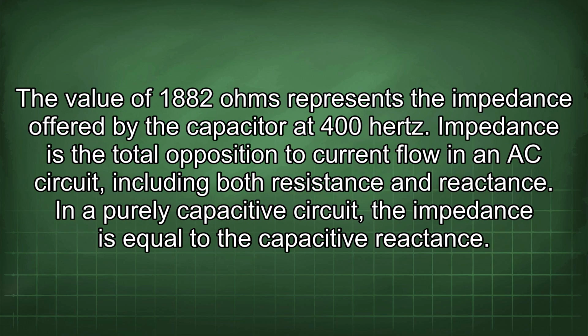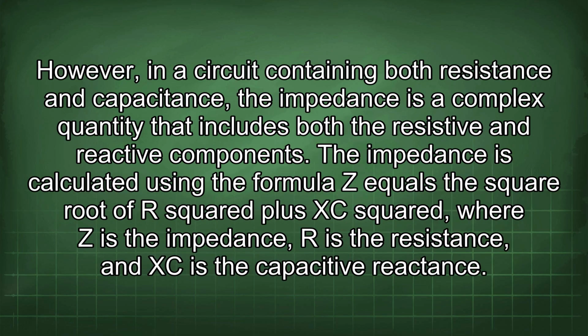The value of 1882 ohms represents the impedance offered by the capacitor at 400 Hz. Impedance is the total opposition to current flow in an AC circuit, including both resistance and reactance. In a purely capacitive circuit, the impedance is equal to the capacitive reactance. However, in a circuit containing both resistance and capacitance, the impedance is a complex quantity that includes both the resistive and reactive components.